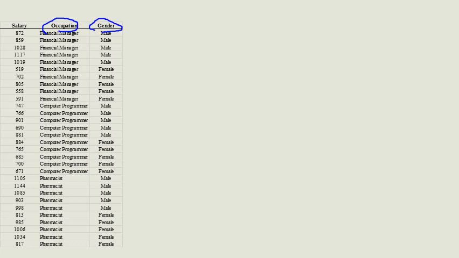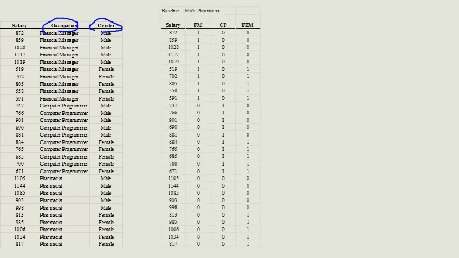And just to give you another way of thinking about it, I'm going to begin by thinking about my baseline categories. For this example, I'm going to choose male pharmacists as my baseline. So they'll be the observations where all the indicators will be 0. Therefore, I need indicator variables for all the other categories: financial manager, computer programmer, and female.